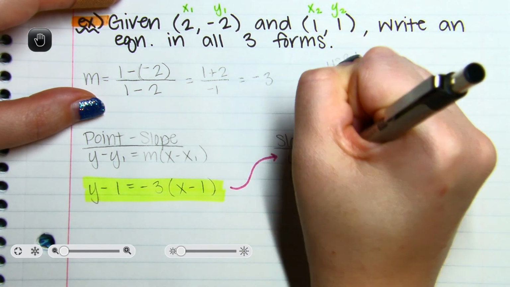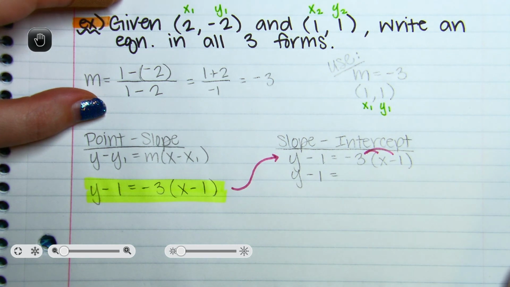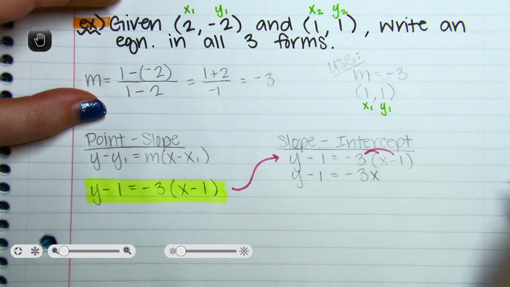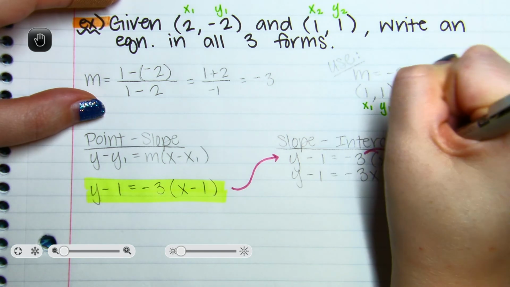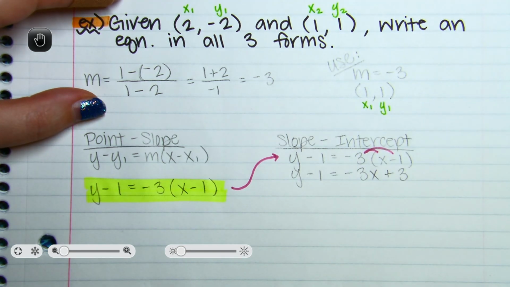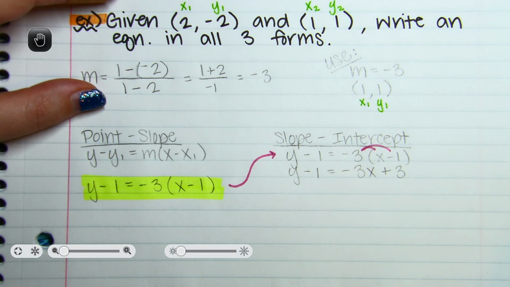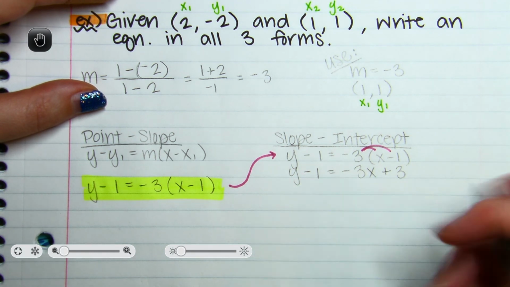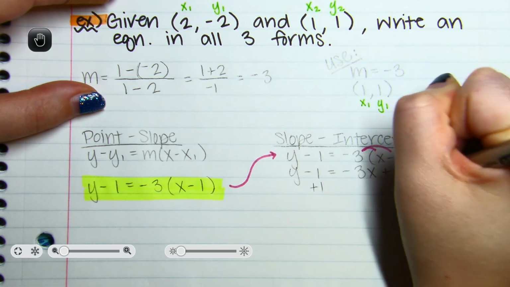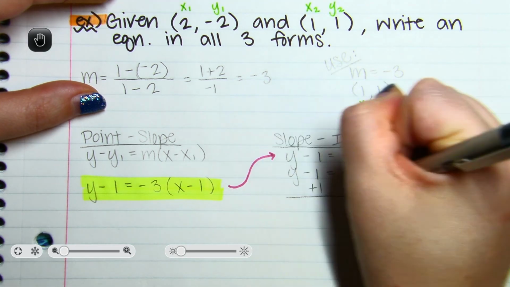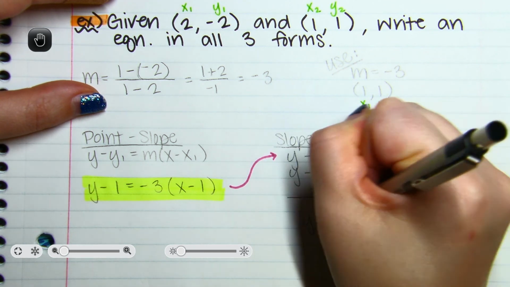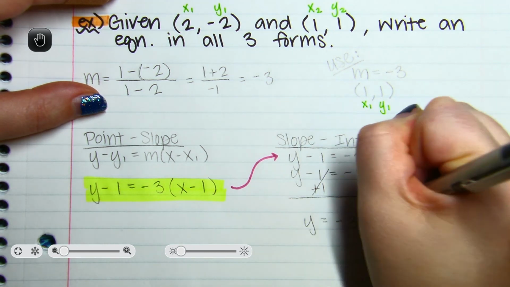So y minus 1 equals negative 3 times x is negative 3x. Negative 3 times negative 1 is positive 3. I don't have any fractions, which is nice. So all I need to do is get this y by itself. So I'm going to add 1 to both sides. And I get y equals negative 3x plus 4.